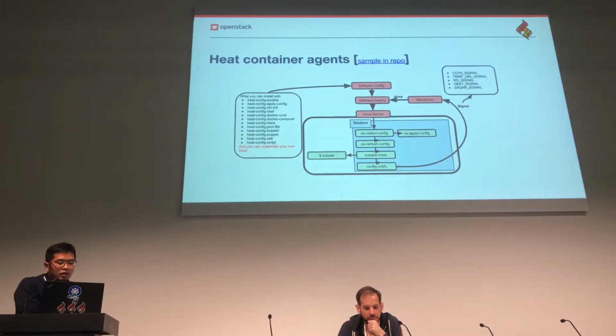Yes, and there is something I'm going to introduce to you, which is the heat container agent. You might be aware that you have to install something in your own operating system to run Heat software config and software deployment, which is os-collect-config and os-refresh-config, and you trigger a hook to whatever you want, like Puppet or Ansible.